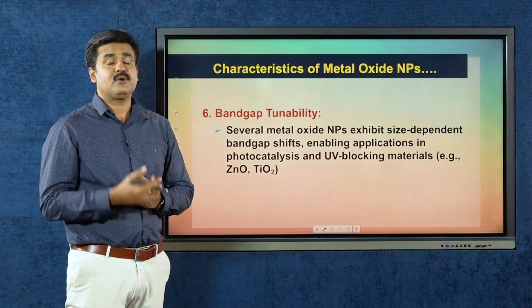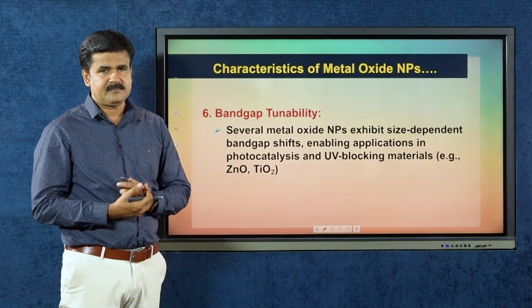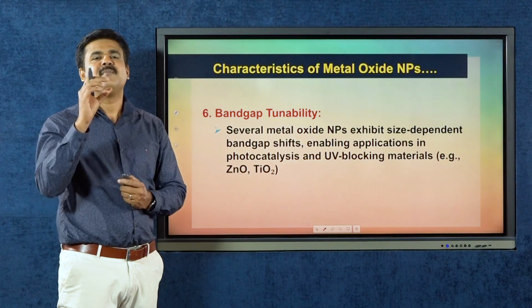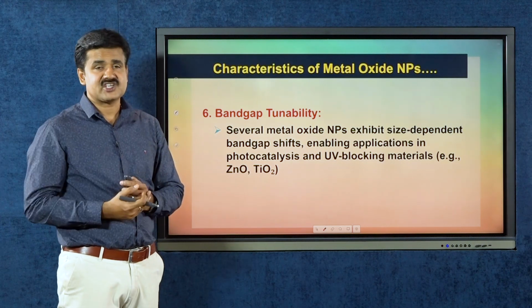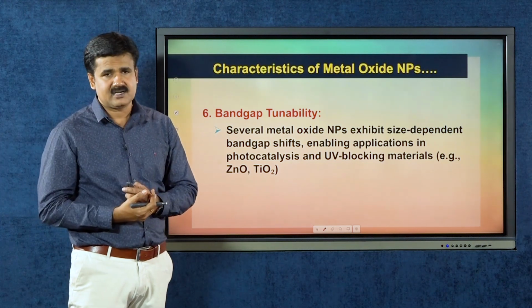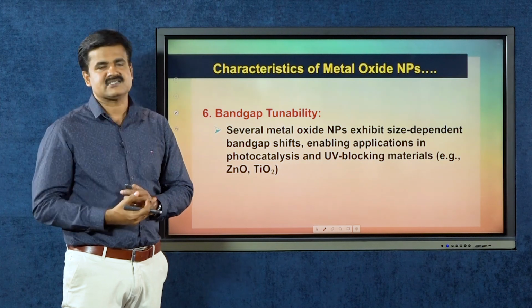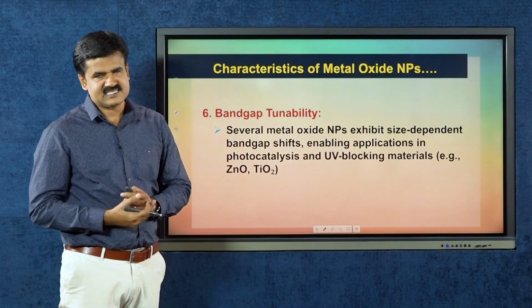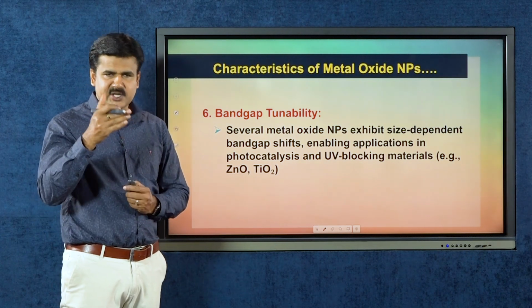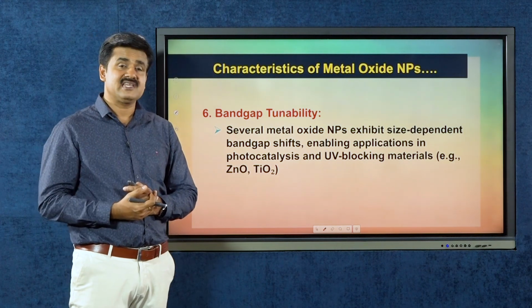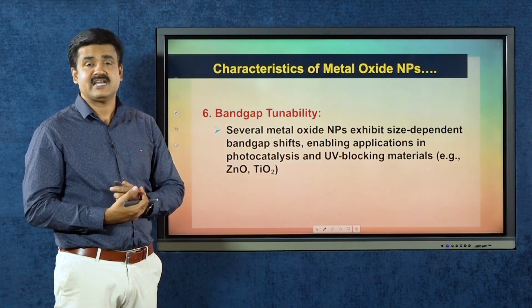The band gap of a semiconductor nanoparticle, and in the case of metal oxide nanoparticles also, has a strong connection with the size of the nanoparticle. Several metal oxide nanoparticles exhibit size-dependent band gap shift. That means if you are changing the size, the band gap also changes. So, by tuning the size, it is possible to alter the band gap of many metal oxide nanoparticles.